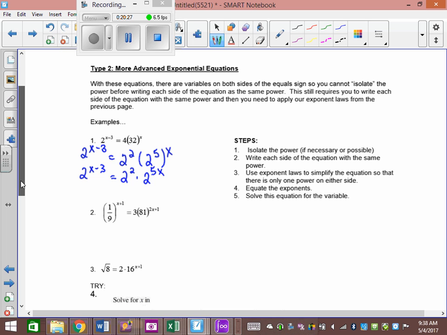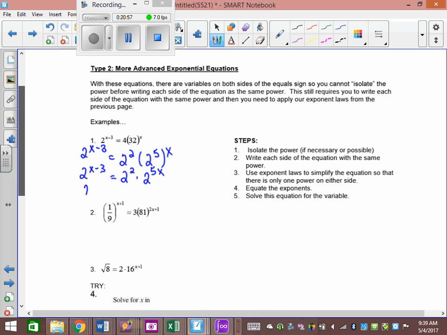Remember how I started this lesson off and I said to you the rules you need to know: if you have two bases that are the same and you're multiplying them, what do you do to the exponents? Do you know how many people write this as 2 to the x minus 3 equals 2 to the 10x? Do you know how they're going to have that answer on your diploma even though it's wrong? I would do the same thing on my tests. I would make that a common error because it's where you're going to make an oopsie.